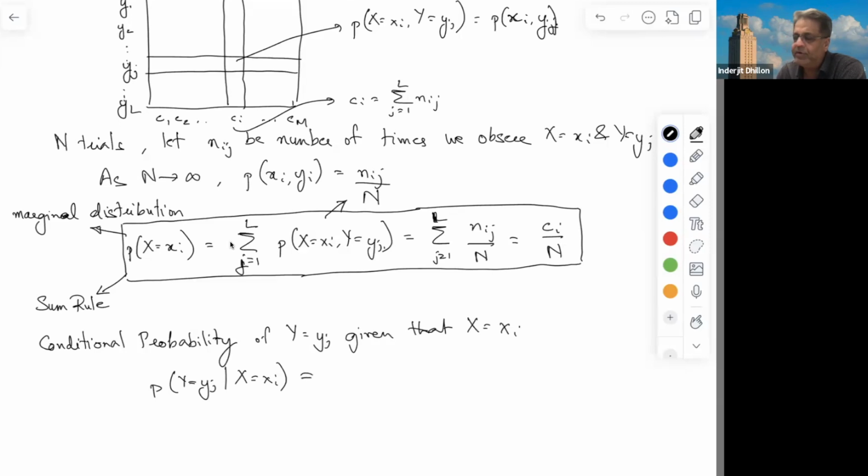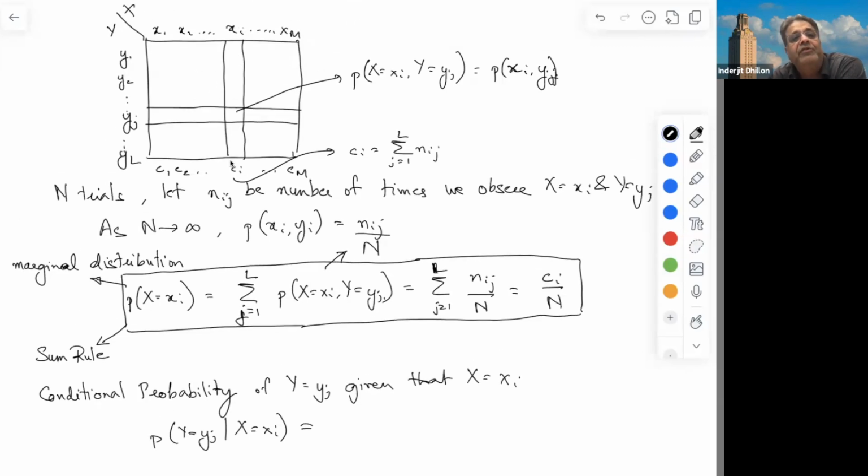If you think about the table over here, this is saying that you are now only concentrating on this part of the joint distribution. You're looking at x already given to be xi, and then what is the probability that I get this? So instead of being nij divided by n, the probability of xi comma yj, it'll be nij divided by the marginal distribution.